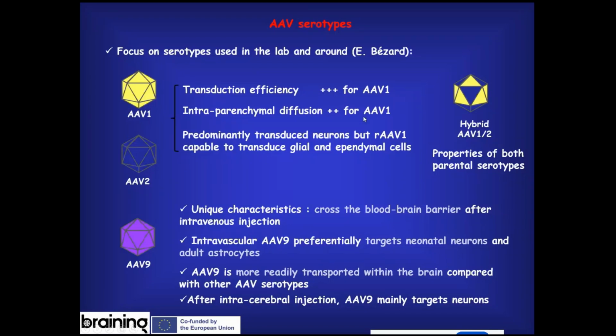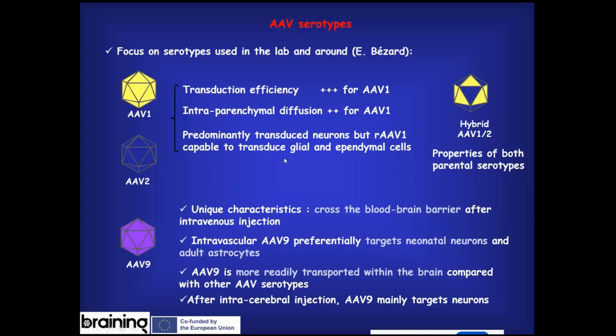Instead, intraparenchymal brain diffusion, when you do an injection, is higher for AAV1. It predominantly transduces neurons, but AAV1 can also transduce glial and ependymal cells. So in the lab we started to make a hybrid, mixing these two capsid proteins to get a virus that has the properties of both parental serotypes.